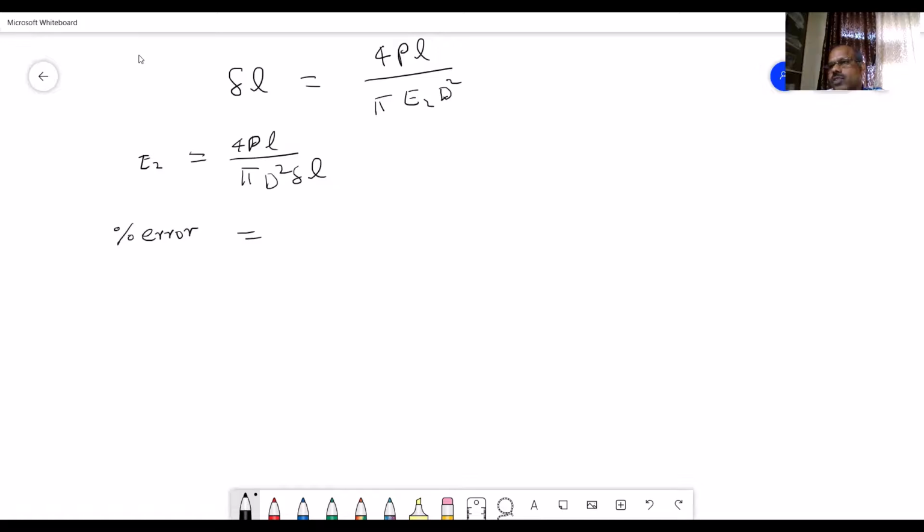So we have to find the Young's modulus by the taper diameter way as well as the mean diameter way, and then find the percentage error. Percentage error is equal to E1 minus E2 divided by E1 into 100.